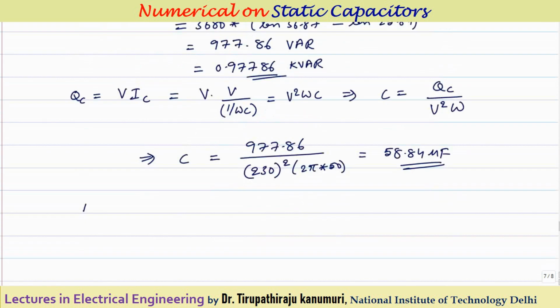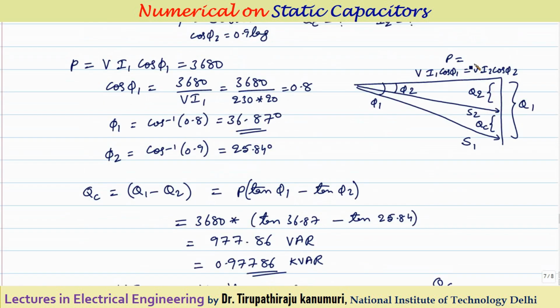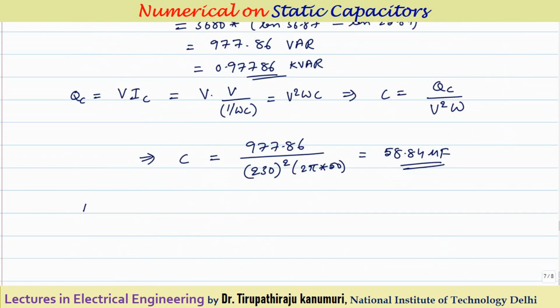For that, what I am going to use, because we know that V into I1 cos phi 1 is equal to V into I2 cos phi 2, or we can tell that I1 cos phi 1 is equal to I2 cos phi 2. From this I can calculate I2 is equal to I1 cos phi 1 divided by cos phi 2. Agree with me? So we can write that P is equal to V1 I1 cos phi 1 is equal to V2 I2 cos phi 2.